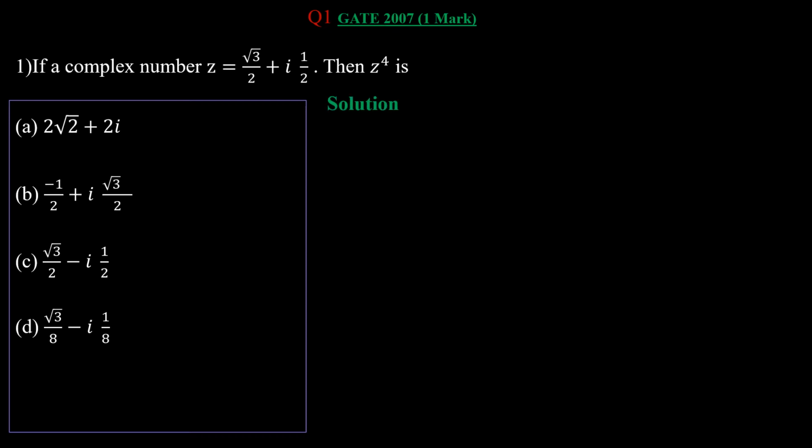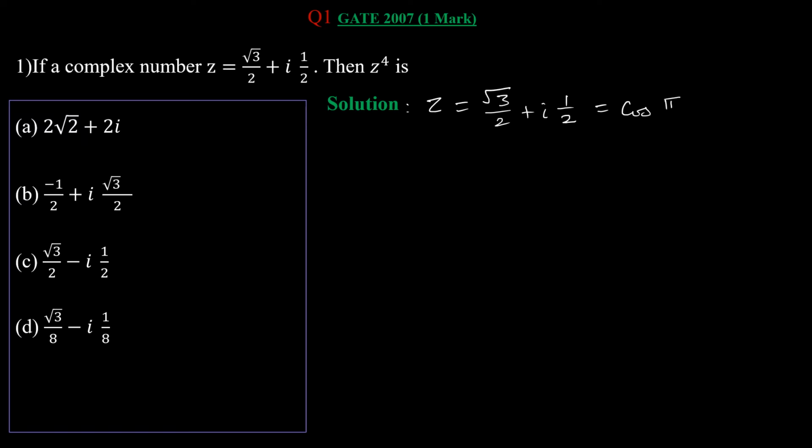Okay. So in such a condition, if it is asked in such a way, z is equal to a plus ib, let's say. First what we do, we have given z as root 3 by 2 plus i 1 by 2. So it can be written in the form of a trigonometrical function. Root 3 by 2 is what?